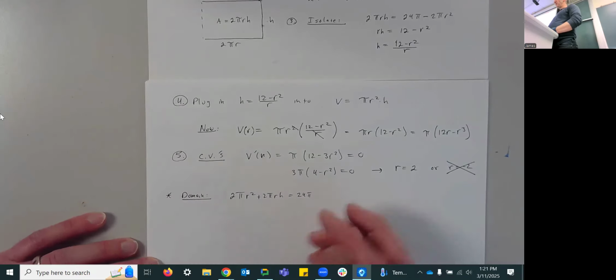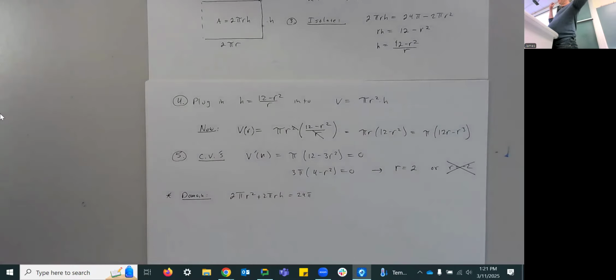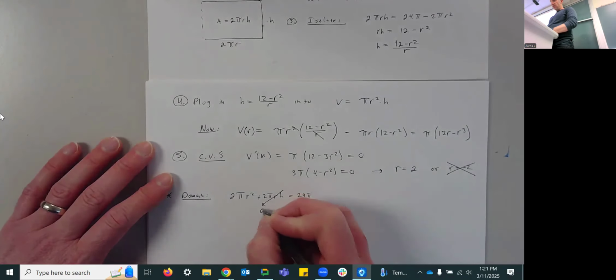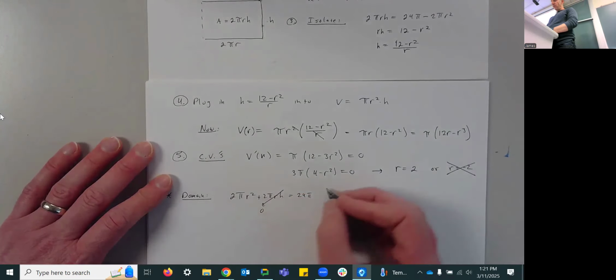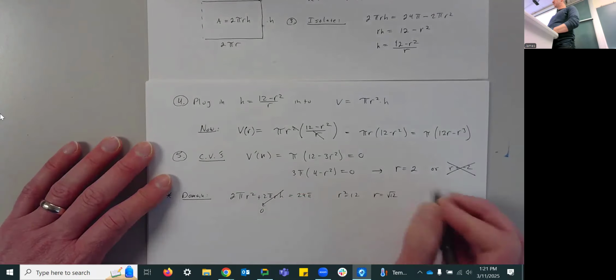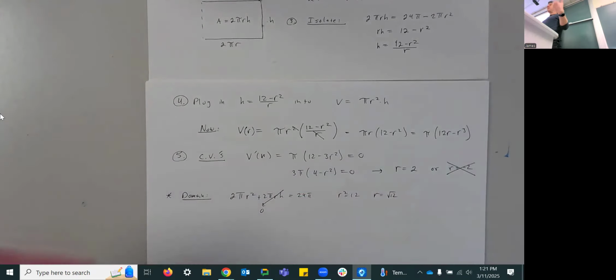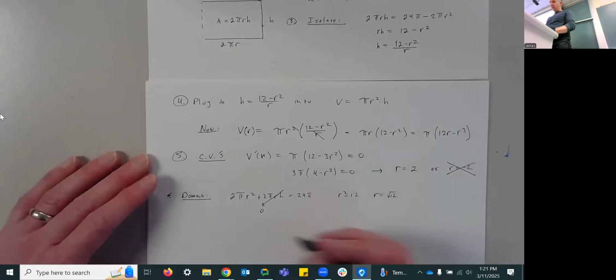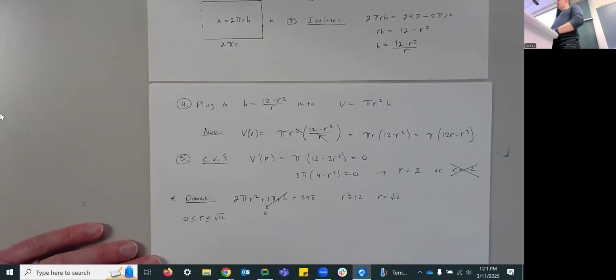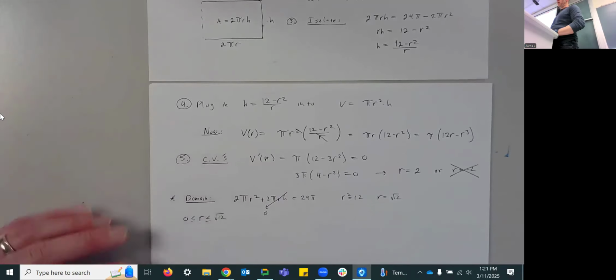Because if you had a weird cylinder, and this is where things get a little bit dicey, but some people are like, well, if the height was 0, then 2 pi r squared would equal 24 pi, and r squared would equal 12, and r would equal the square root of 12. So that's kind of the biggest r could be. If r was any bigger than that, then your cylinder would have too much surface area. So you can think about your domain here as r being between 0 and the square root of 12. We'll come back to that. I'm not just saying it to say it. There is a reason we're saying it.